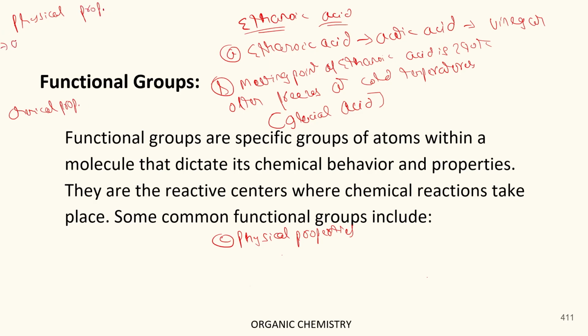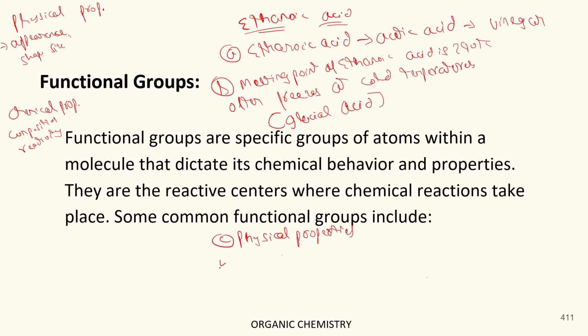Physical properties basically mean appearance, shape, and size. Chemical properties basically mean composition and reactivity. If we are talking about the appearance, shape and size of an object, we are talking about physical properties. If we are talking about the composition and reactivity of an object, we are talking about chemical properties. Got the difference? Note it down.